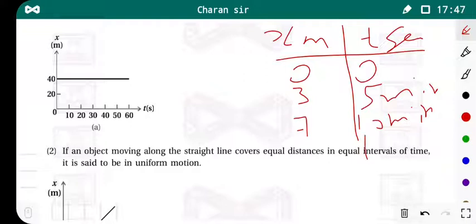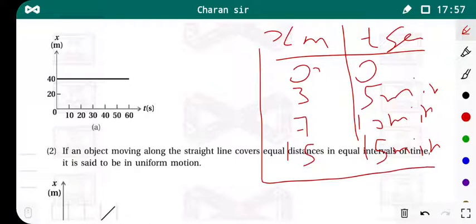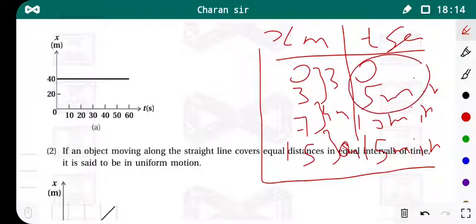Then after 15 minutes, the distance is 15. You can see that in the first 5 minutes the object covers 3 meters, and in the second 5 minutes it covers from 3 to 7, that means 4 meters. So first 3 meters, then 4 meters, then 8 meters. So in equal intervals of time, our object covers different distances.